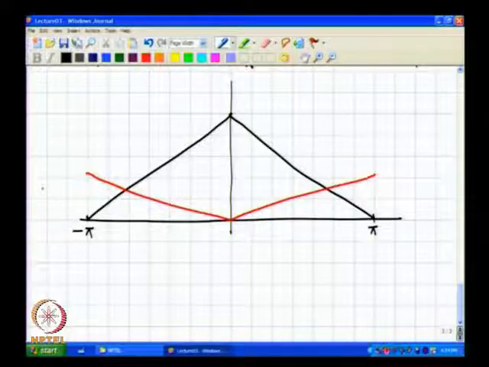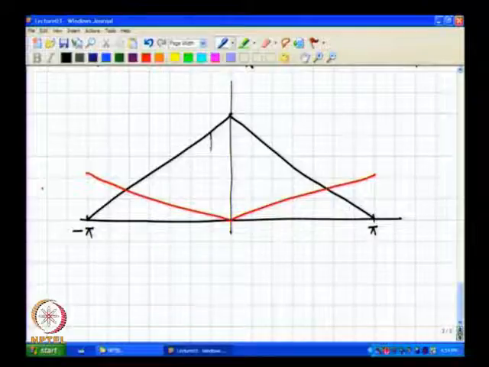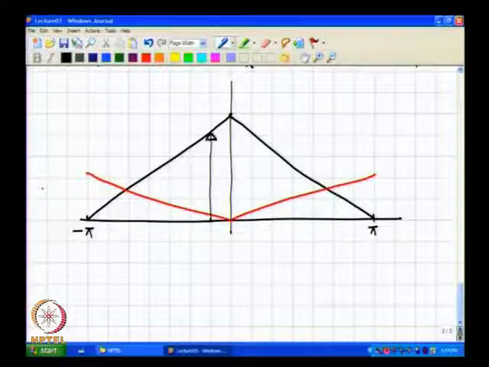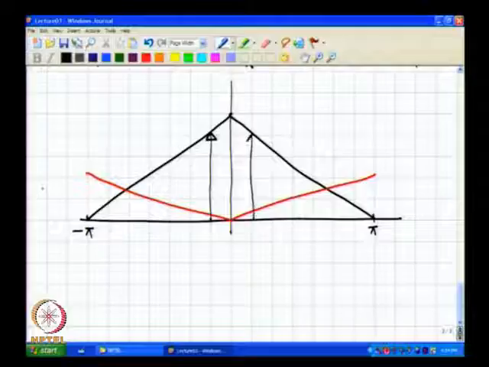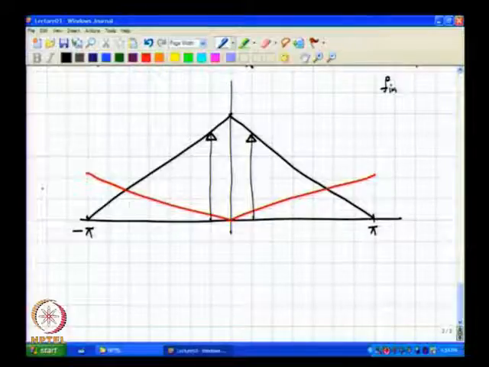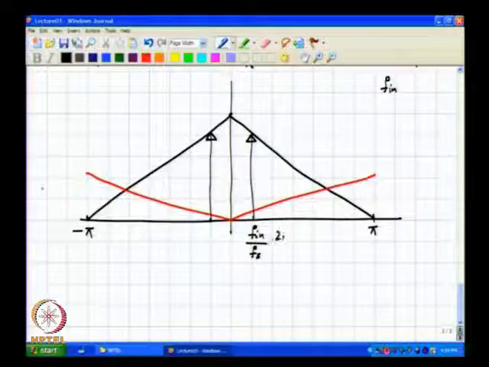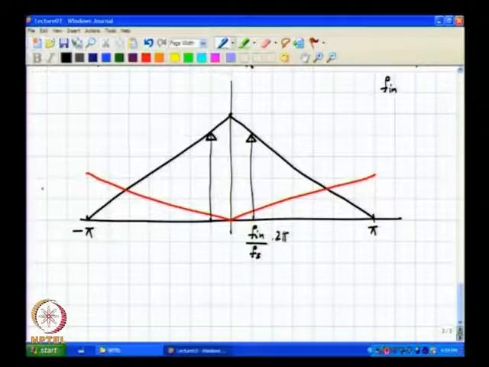Now, what I am asking you is what would happen for the specific case of the input being a tone at some frequency f in, in which case the input spectrum would have two impulses here, and if the input was at f in, in the discrete time spectrum, where would they occur? At f in by Fs times 2 pi, correct.